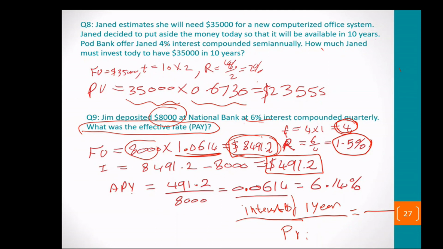This is a fraction. I want it as a rate, so multiply by 100, or move the decimal 2 digits to the right. You get 6.14. Put the percentage sign. This is the effective rate, or APY. Just simply find the interest for 1 year and divide by the initial amount.